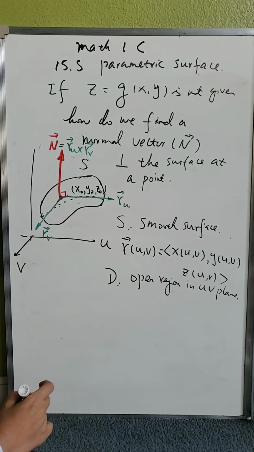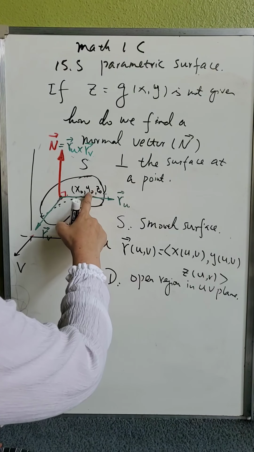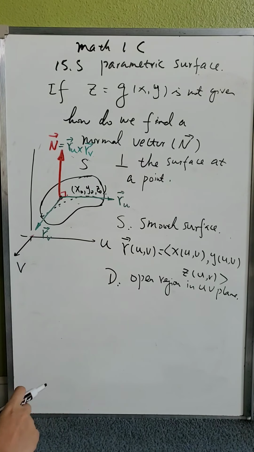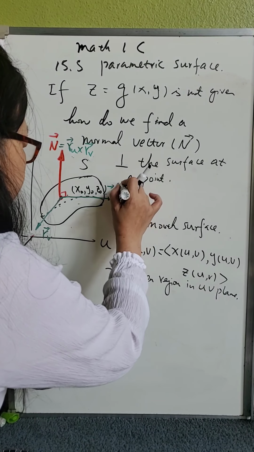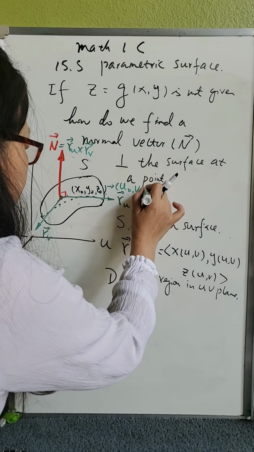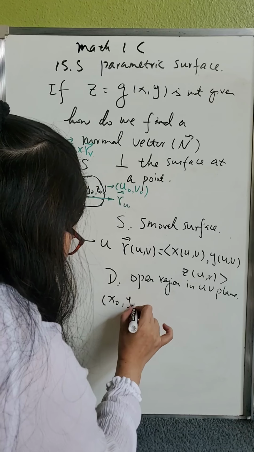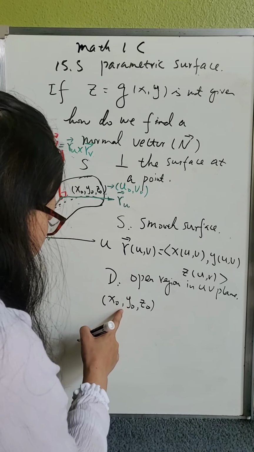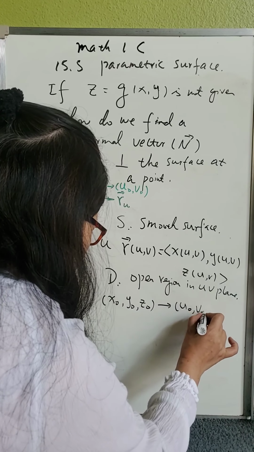And then for your normal vector, you convert the x0, y0, z0 to u0, v0. So x0, y0, z0, a point in xyz, you go back to u0, v0.